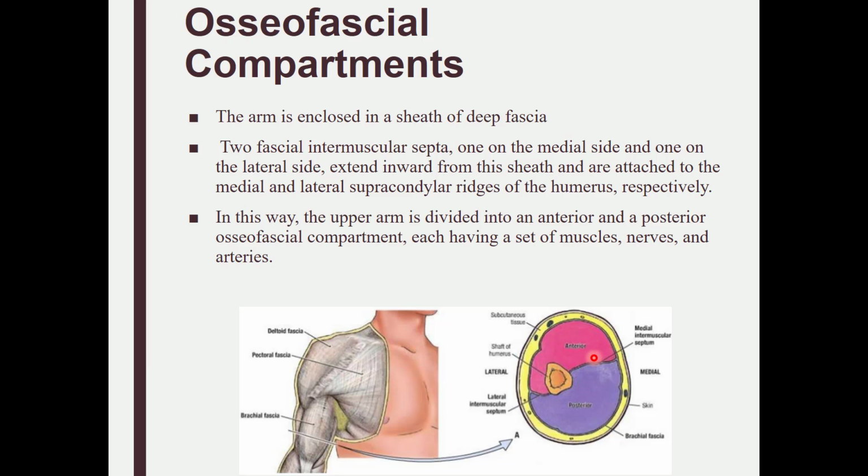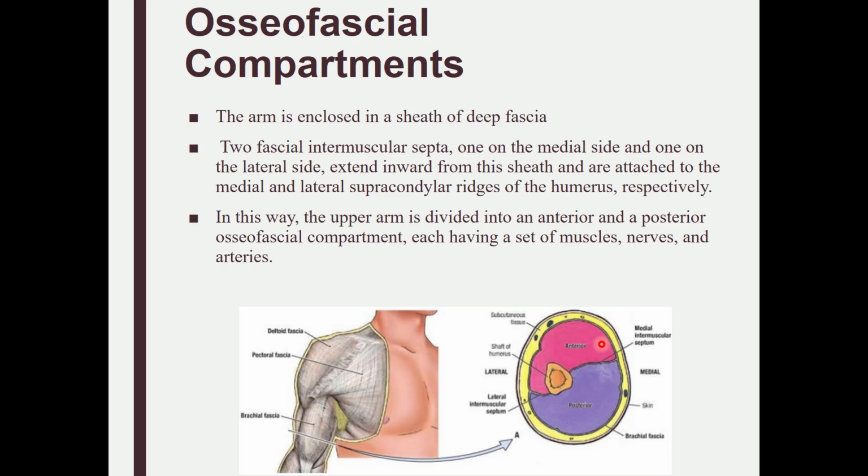That is, the medial intermuscular septum is coming from the deep fascia and it attaches to the medial supracondylar ridge of the humerus. And the lateral intermuscular septum is coming from the deep fascia going downwards and is attached to the lateral supracondylar ridge of the humerus. In this way, the upper arm is divided into the anterior compartment and the posterior compartment.